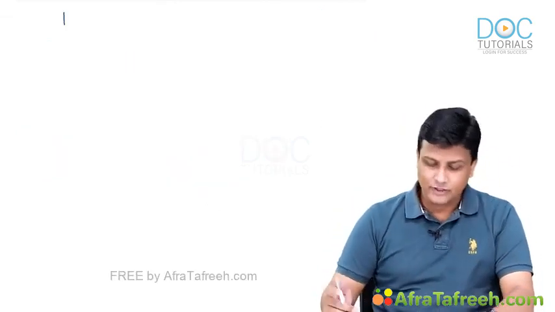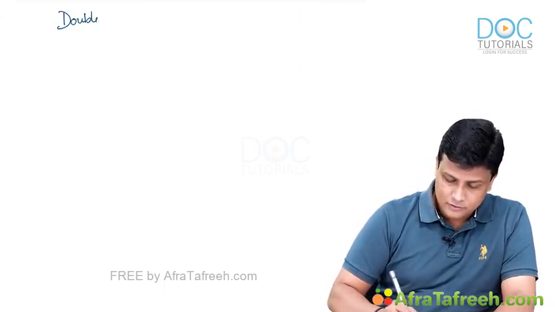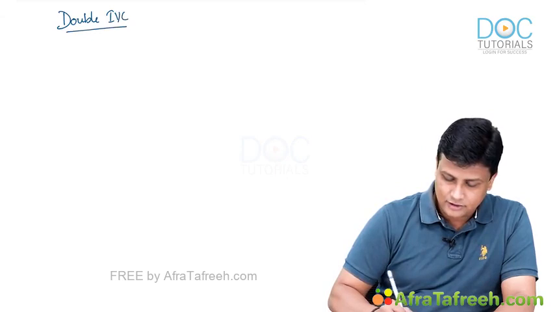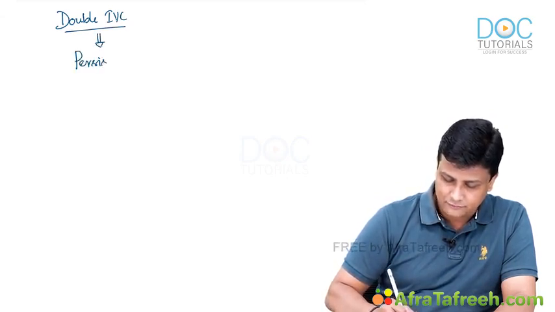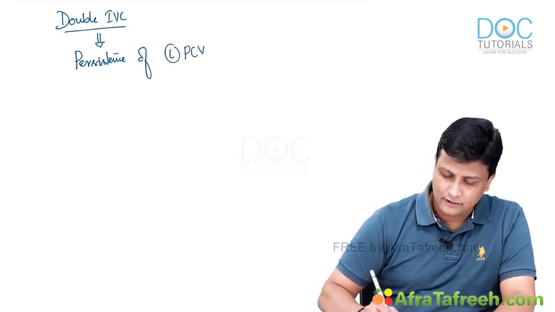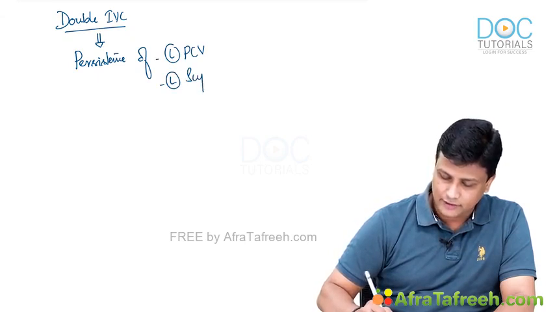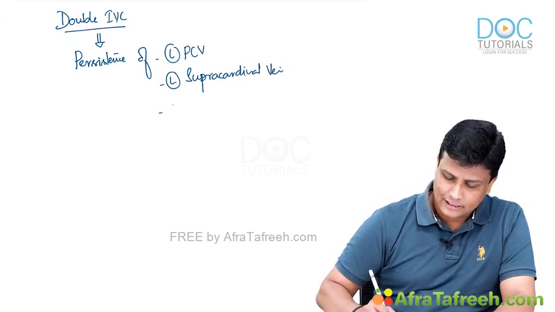So let us write down that abnormality and finish off this one. Double inferior vena cava is due to what? It is due to persistence of the left posterior cardinal vein, number one, and then the left supracardinal vein, number two, and even that anastomosis along with the left subcardinal vein.